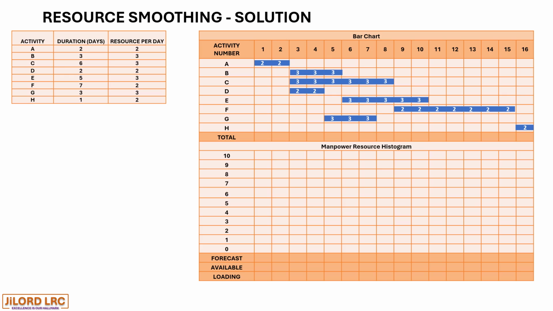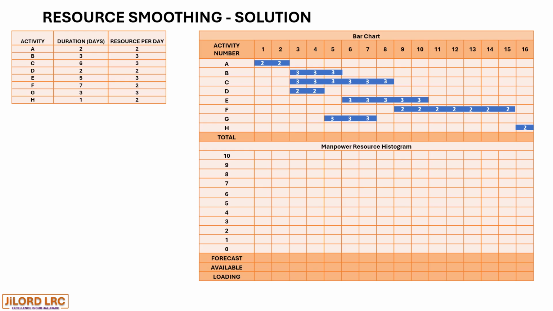If you look at the bar chart, activity A precedes activity B, C, and D. And activity B precedes activity E, activity C precedes activity F, and activity D precedes activity G. And all these E, F, G precede activity H, as we have drawn in our network diagram.